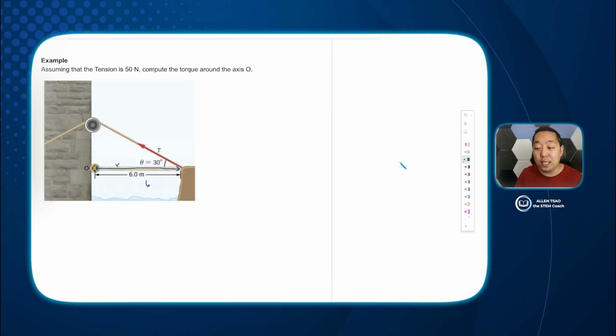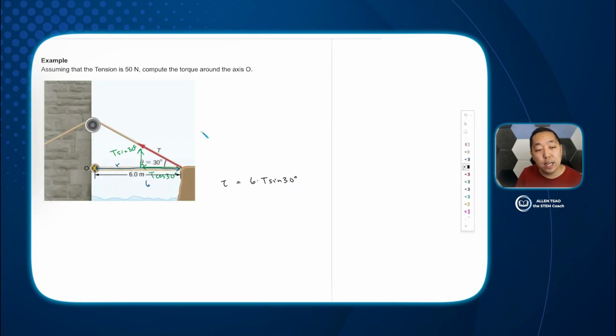Now, it's not perpendicular to the tension, so we have to decompose it. We need to decompose the tension into T cosine 30 degrees and T sine 30 degrees, right? And then to calculate the torque, I'm going to do the r vector times the perpendicular component of the force. So that's going to be 6 times T sine 30 degrees.